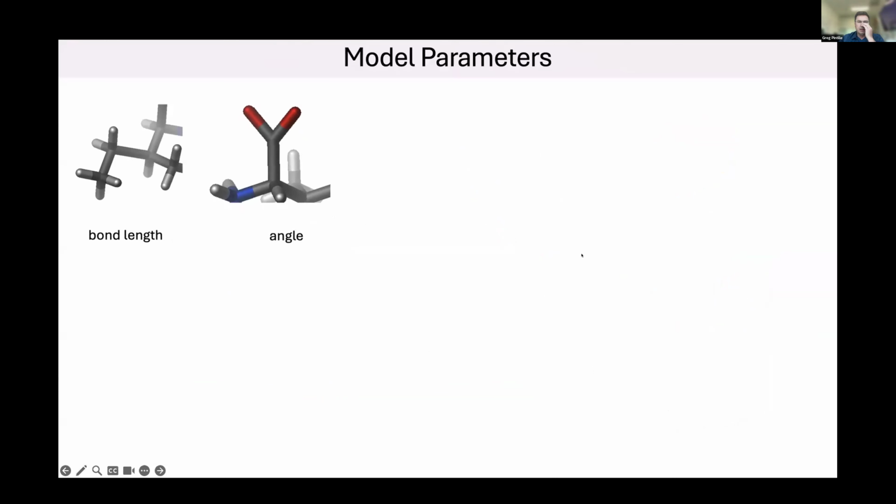Okay, now let me talk a little bit about model assessment. So how do we assess a model? As we all know, a model has atoms, and the covalently bonded ones are connected with bonds. Here we usually measure a bond length or a bond angle.